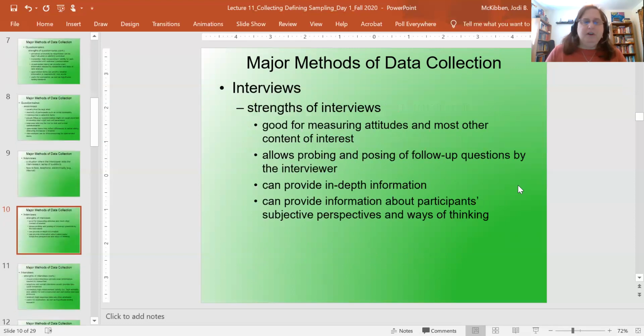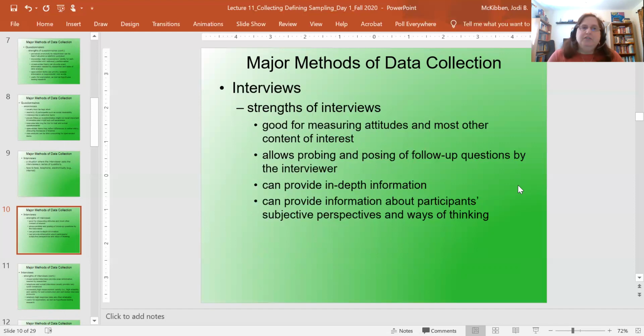But let's talk about some strengths. It's good for measuring attitudes and most other content of interest. You can have follow-up questions. You can have people provide in-depth information, and you can provide information about participants' perspective and ways of thinking.